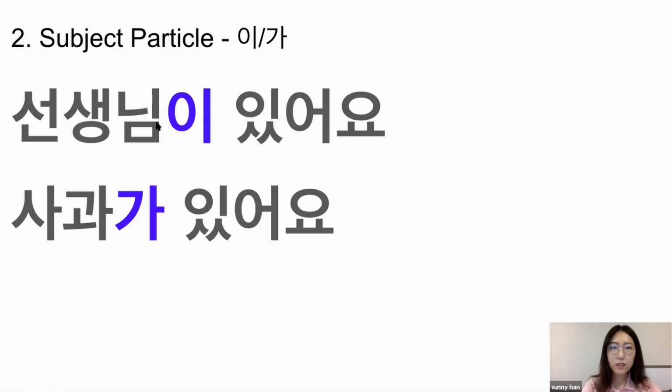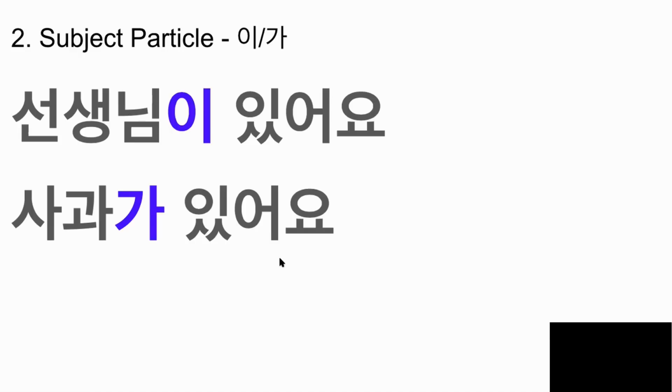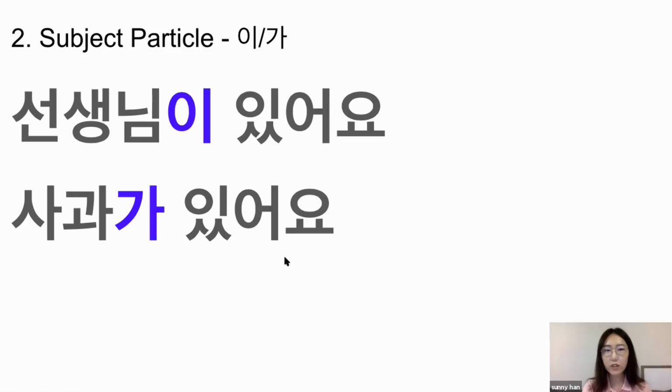There is a consonant on the bottom we call 받침. So we add 이. If there is no 받침, ending with a vowel, we add 가. So 사과 is apple. 사과가 있어요. Good. We are gonna review again, so don't worry.